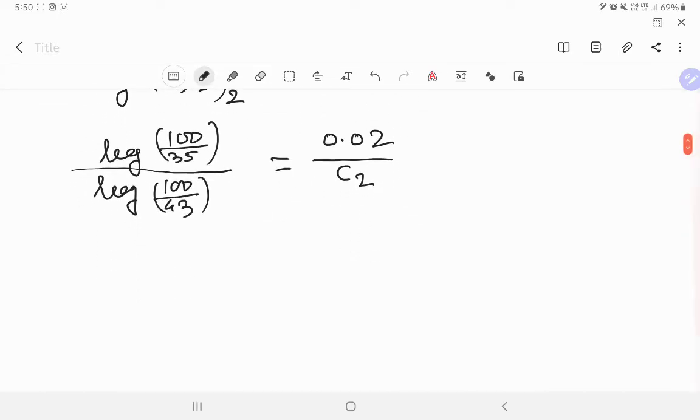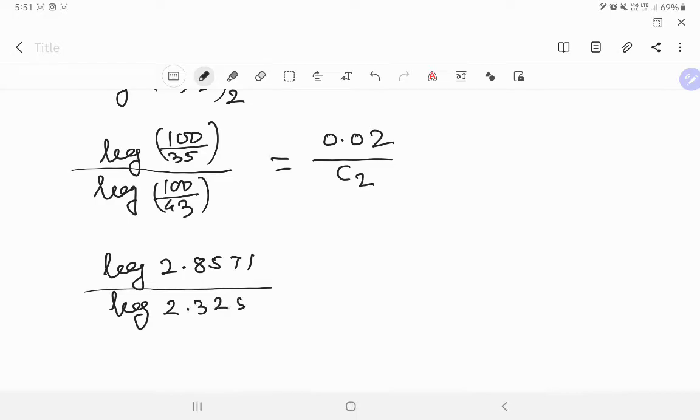Okay, take the ratio of these two, log of 100 upon 35. If you calculate this value 100 upon 35, it will be 2.8571, divided by log of 100 upon 43, it will be 2.3256, is equal to 0.02 upon C2.